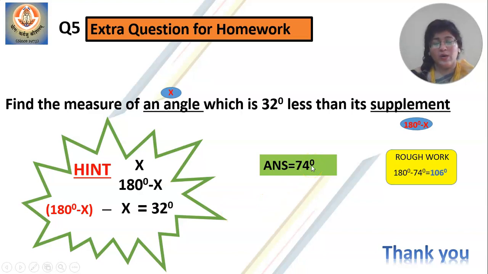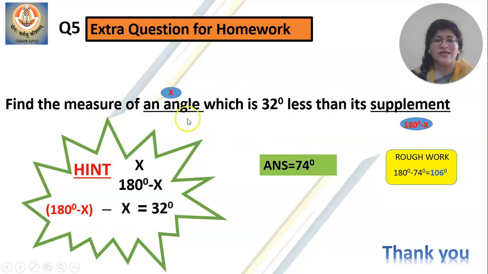Okay. Now this 74 degrees is the value of x. So what is the supplementary of 74 degrees? It is 180 minus 74, that is 106. Now, when you look at this 74 and 106 degrees, is it not clear that this x is smaller than 106? And the difference between these two will be 32.